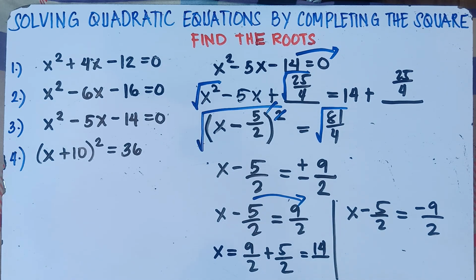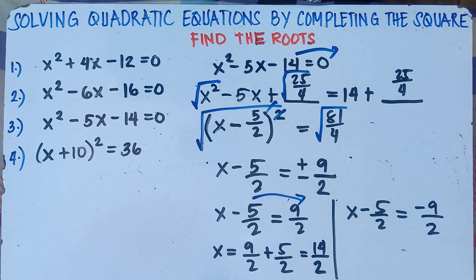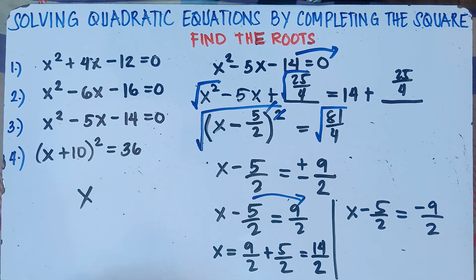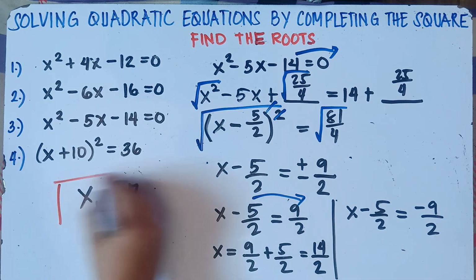Then copy the denominators. Once again, if they have the same denominators, simply copy the denominators if you're adding and subtracting fractions, class. So our x sub 1, can we divide 14 by 2? Yup, 14 divided by 2, that is 7. That's the answer, class, for our x sub 1.